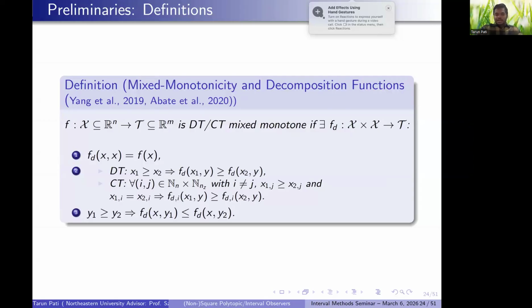The first one being that if the first n set of states and the last n set of states of fd are equal, or f x and x, then we recover our original function f of x. And it is monotonically increasing in its first n set of variables for discrete case, and for continuous case there's a small variation. And the third condition is that it's monotonically decreasing in its last n states.